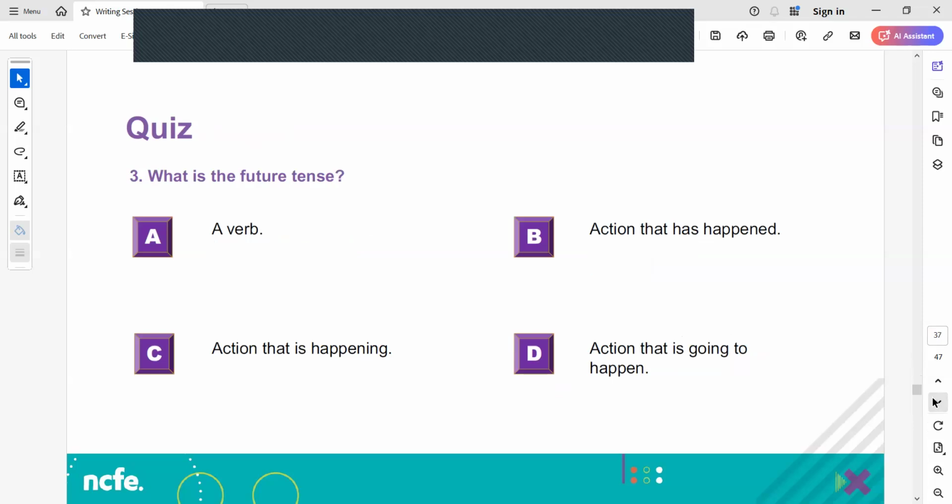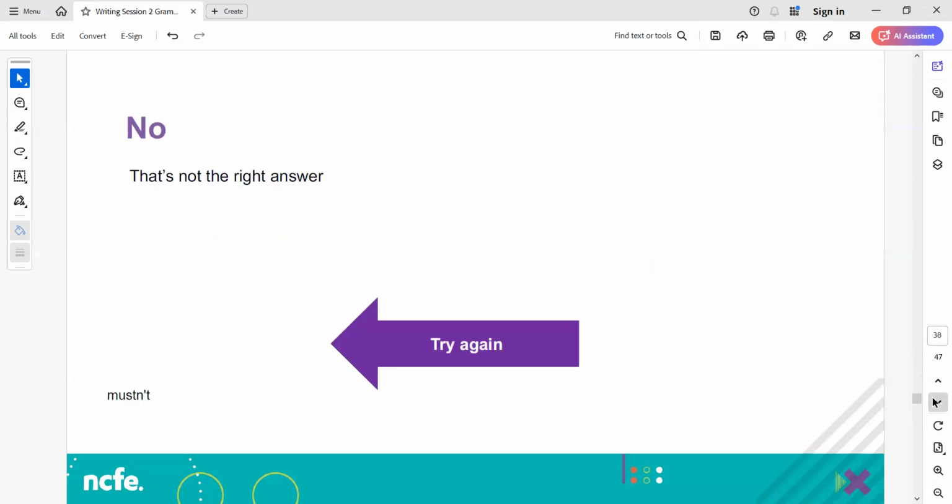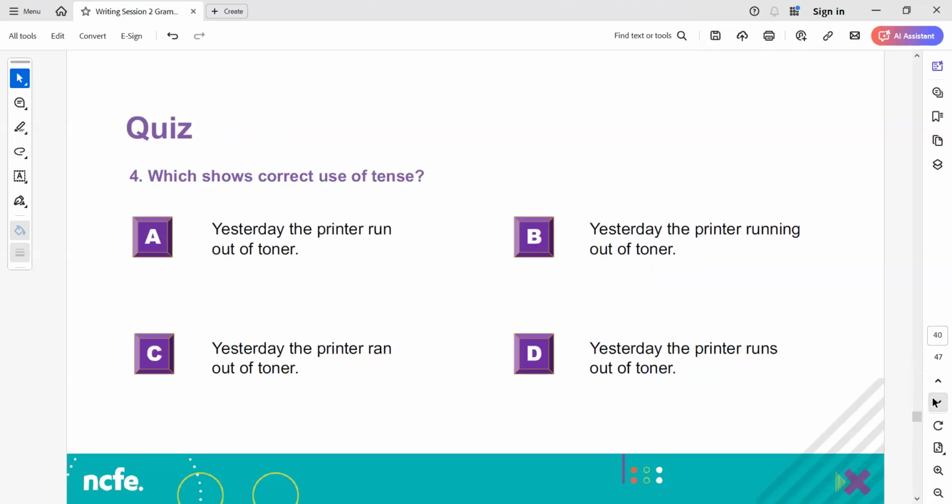What is the future tense? D. D, well done. Action that is going to happen. Which shows the correct use of tense? So well, they're all starting with yesterday, so we're looking for the past tense.